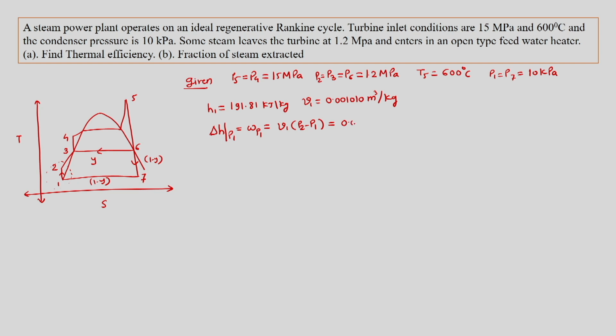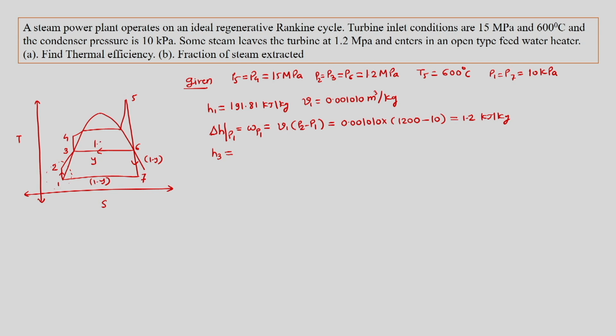V1 is known, 0.001010 into P2, which is 1200 since it is 1.2 megapascal, minus 10, and this gives us a value of 1.2 kilojoule per kg. So, this is the value of delta H P1.